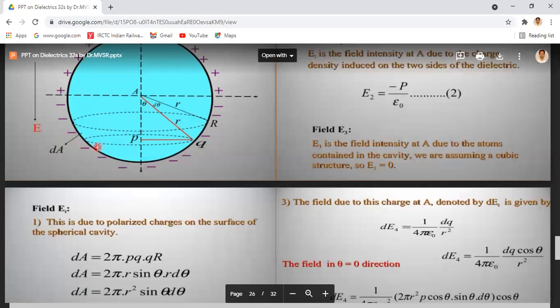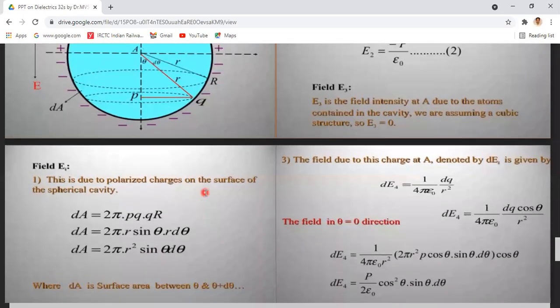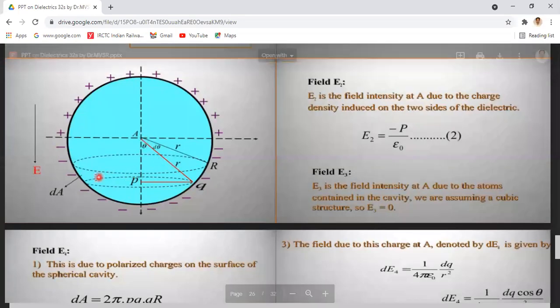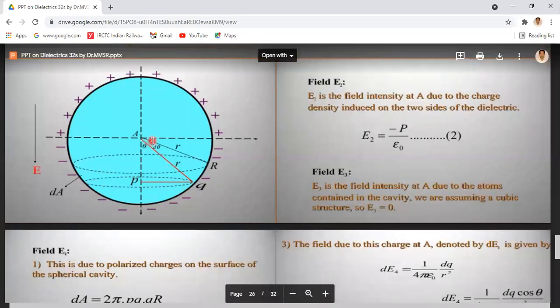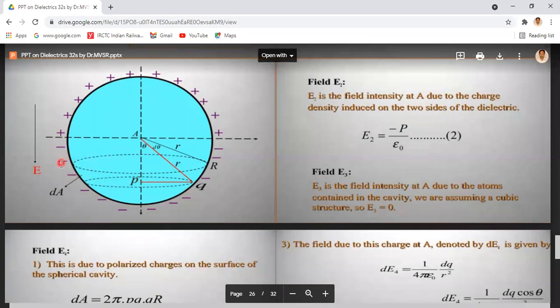So the value of dA on this spherical cavity is 2 pi R squared sine theta d theta, where dA is the surface area between angle theta and angle theta plus d theta. So this is a small surface area dA.